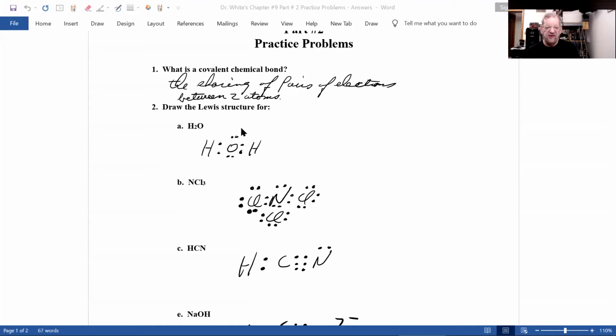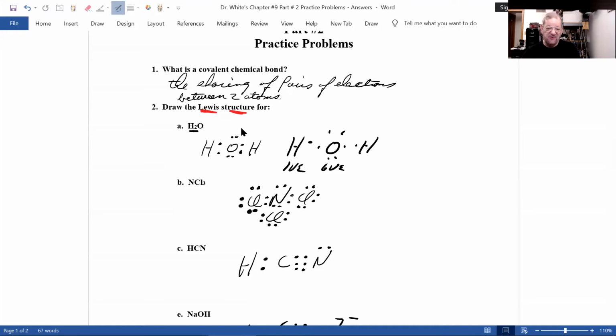Whenever you see the words Lewis structure, we're talking about valence electrons. So how do you draw the Lewis structure for water? Well, it's simple. Hydrogen has one valence electron, oxygen has 6 valence electrons, and the second hydrogen has 1.